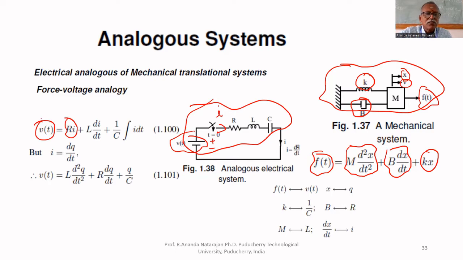That's why this is positive. V of t, you can write positive. Why positive? You are traveling from negative terminal to positive terminal. If you travel along current direction, you would put minus Ri minus L di by dt, because the potential drop across inductor is L di by dt.